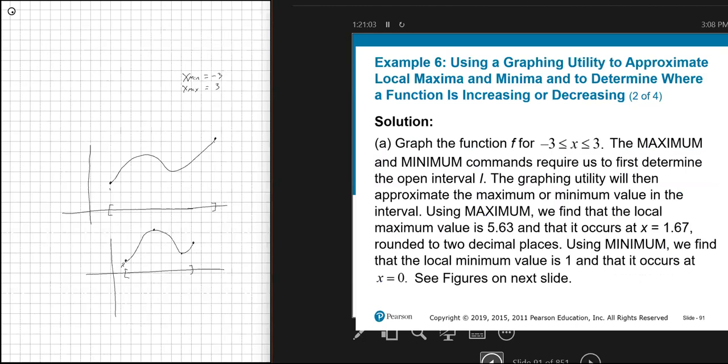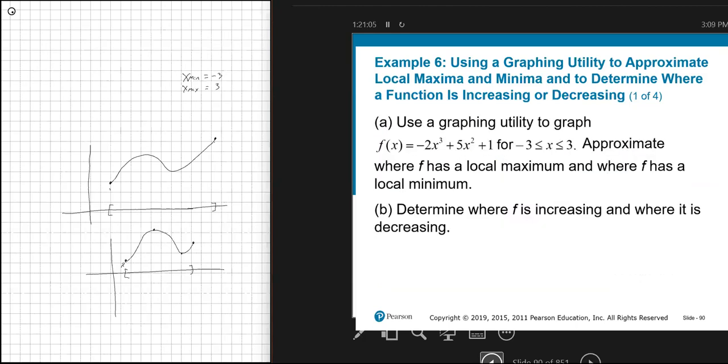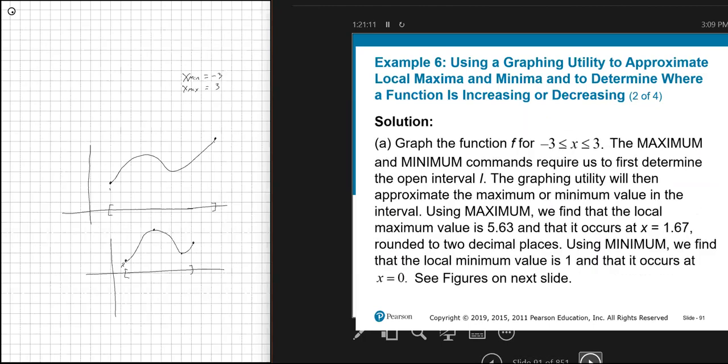What was the other question? Determine where the function is increasing and where it is decreasing. So where the x value occurs for those local minimums and maximums is the dividing line between increasing and decreasing on a continuous curve.